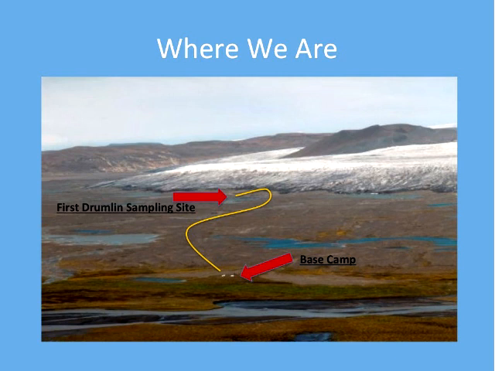And we're hiking through very rugged, rocky, wet, mucky, muddy terrain to get to the sampling site, which at the very end involves perhaps a 200-meter traverse over the ice. Next slide, please.